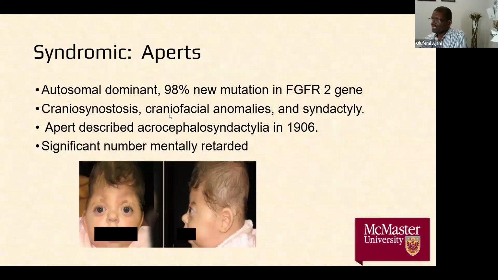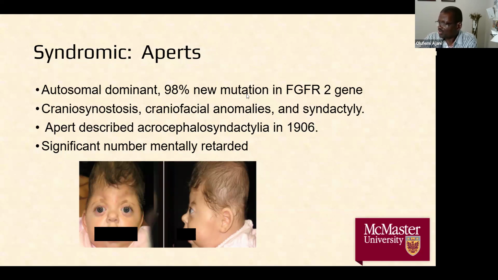For the syndromic multisuture craniosynostosis, the two that are commonest are Crouzon's and Apert's. So Apert's syndrome is autosomal dominant, and it's a mutation in the FGFR2 gene. You have multisutural craniosynostosis. You also have craniofacial abnormalities that are depicted in this baby, and syndactyly.